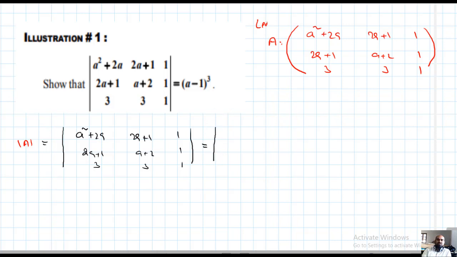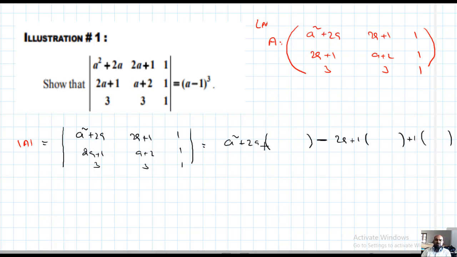You know that A square plus 2A into its cofactor, or cofactor minor, both are same for A square plus 2A. Then 2A plus 1 in its cofactor, but the element is in the 1, 2 position, that's why directly I will write minus into its minor, plus 1 into its minor.